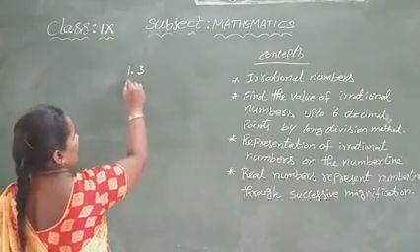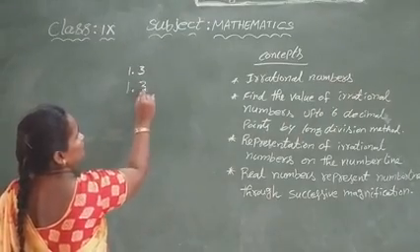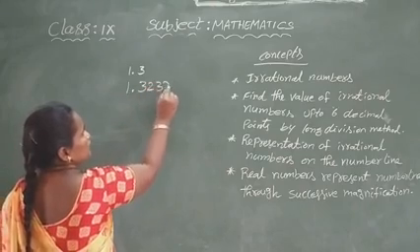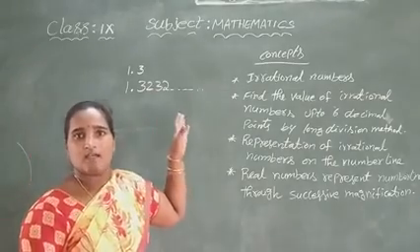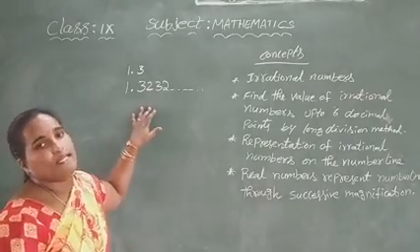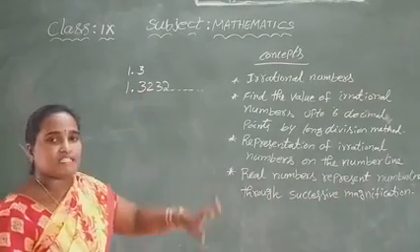Now take another one, 1.3232 and so on. This one is non-terminating repeating decimal.